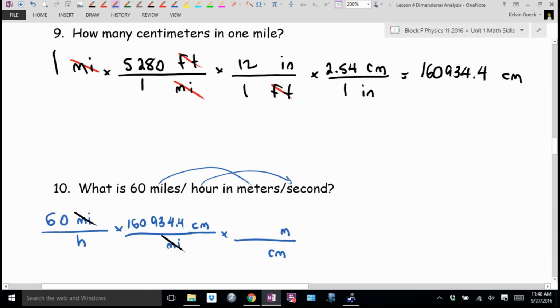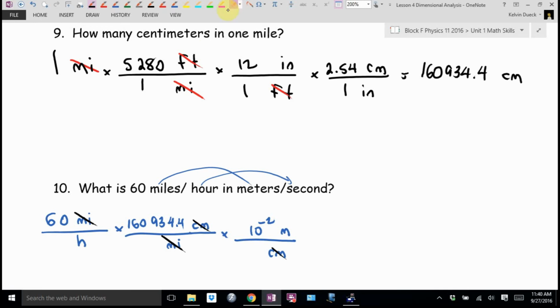With the metric prefixes, we said you replace the letter in front with the power of 10. So Aaron, what is centi? 10 to the... It's negative, I remember that. Negative 2? Okay, cool. Now we're in meters per hour.